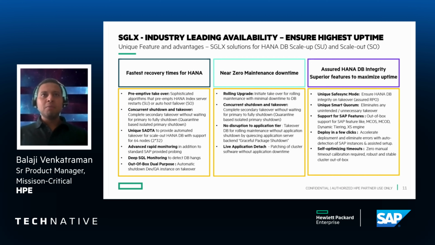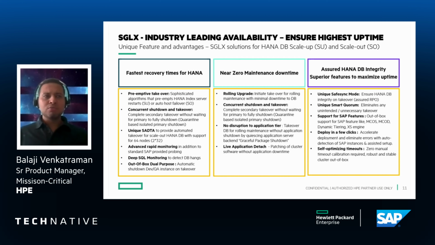So we introduced something called quarantine-based takeover, where we isolate the primary which is still failing, so that it can fail in isolation and take its own time. And in parallel, we can promote the standby to the new primary, right? So basically, we parallelize the operation, and we achieved an amazing increase in uptimes with this. And this is again a very unique capability for Serviceguard, where by default it does this for your HANA environments.